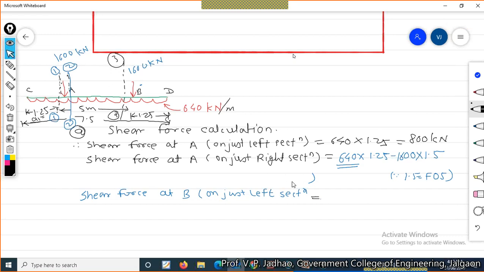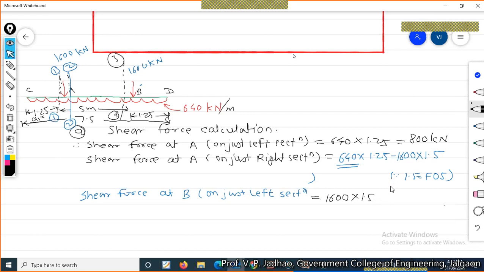Then the shear force here will be, this 1600 is going in clockwise direction. Therefore, 1600 multiplied by 1.5.